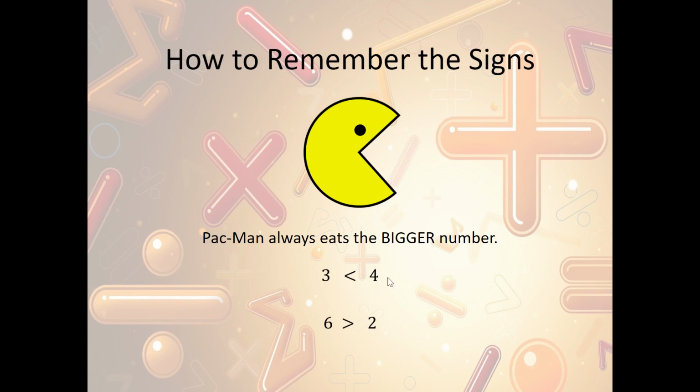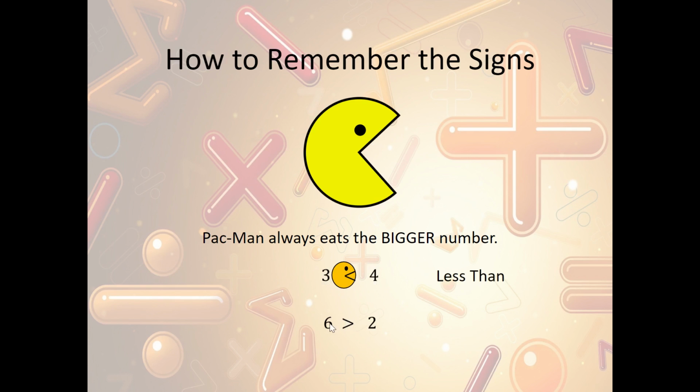For instance, we have 3 and then this symbol and 4. Well, Pac-Man eats the bigger number, so if I draw Pac-Man on there, I can see that his mouth is eating this side here, which means this is the bigger number. So this number is greater. Well, we always read it from left to right though, so that means if this number is greater, this number's got to be smaller. So we would say 3 is less than 4.